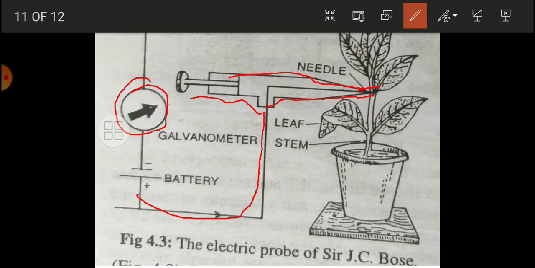So such an experiment was carried out, and here he found some oscillations, and because of that he used to say that in the electric probe of Sir J.C. Bose, a little electric current is there because of pulsation, and Sir J.C. Bose wanted to tell that the pulsation theory explains the ascent of sap.